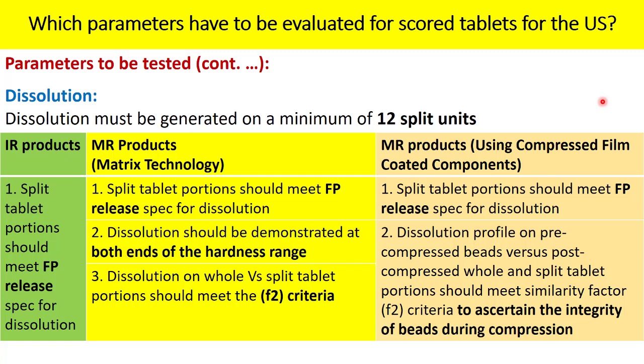One for the post-compressed beads with the whole tablet, and another is for what? The post-compressed, another will be for the split tablet portion. But you need to take the pre-compressed bead drug release as the reference release profile. And what is the F2 requirement? It should be greater than 50.